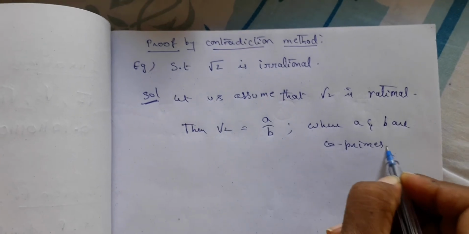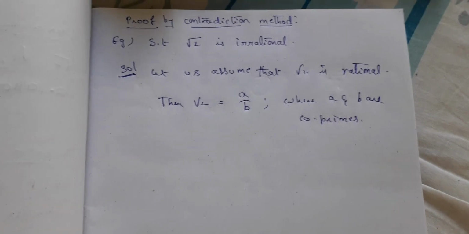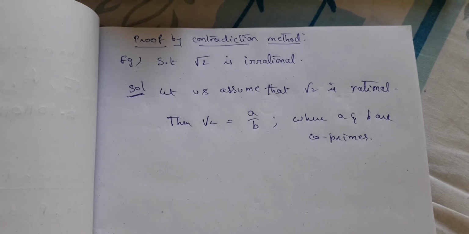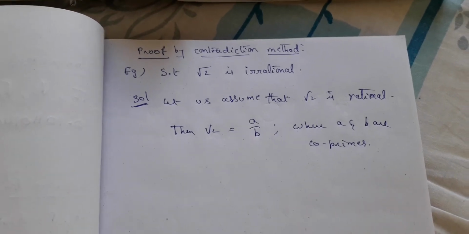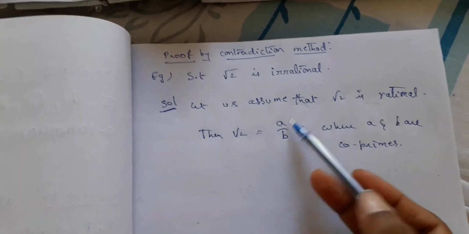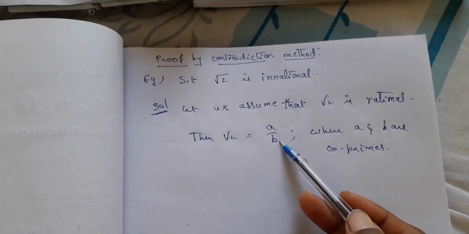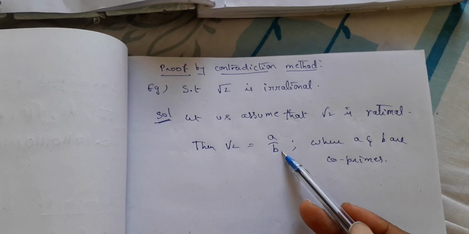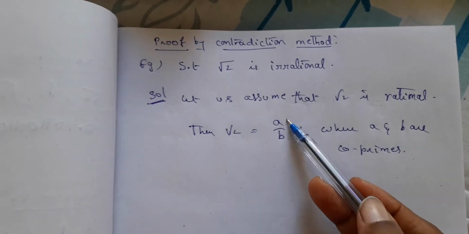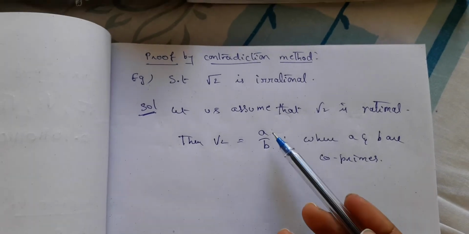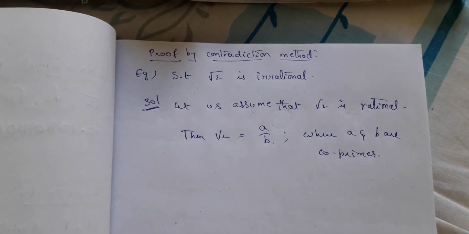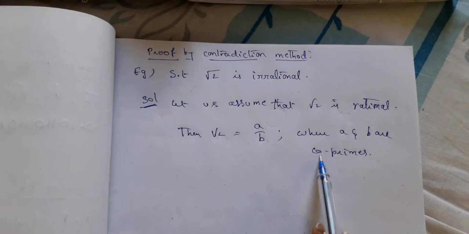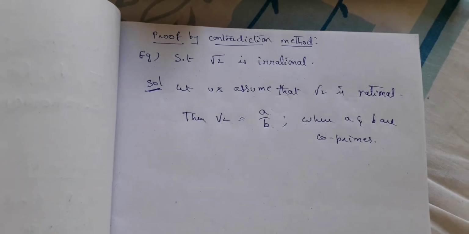Co-primes means they should not have any factor other than 1 in common. That means whichever number is dividing a should not divide b. If a number can divide both a and b, it is having a common factor other than 1, so they are not co-primes.